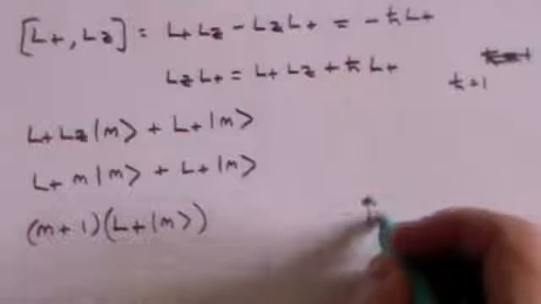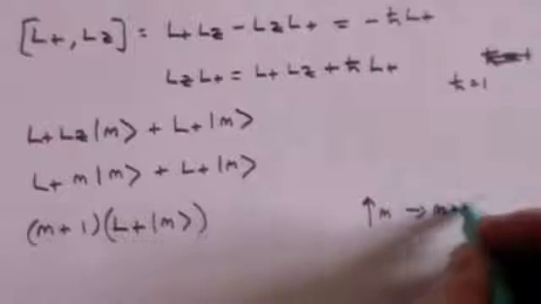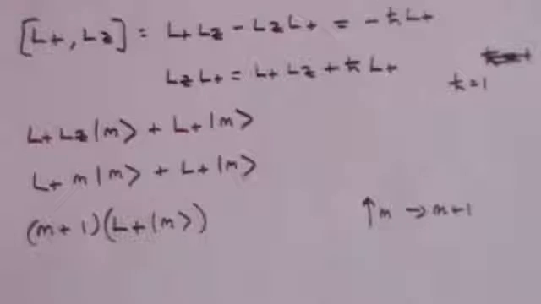In other words, what L plus has done is it's moved up the angular momentum from m to state m plus 1. L plus is therefore the promotion operator, if you like. It's the operator that shifts the angular momentum by 1 notch, by 1 amount of h bar, to get up to the next value.